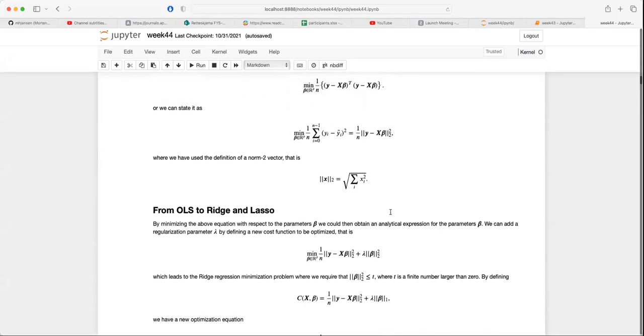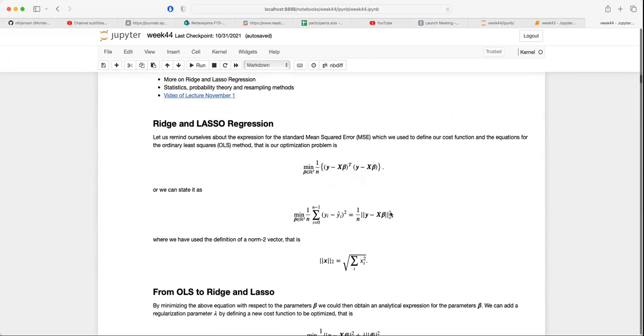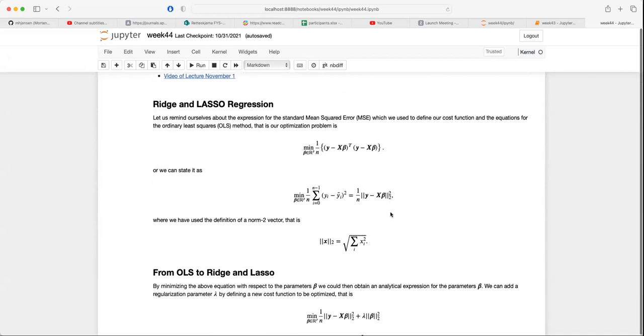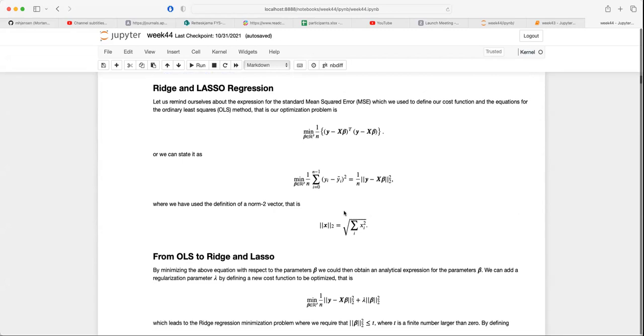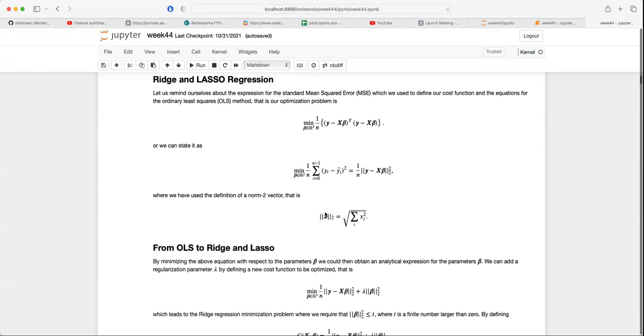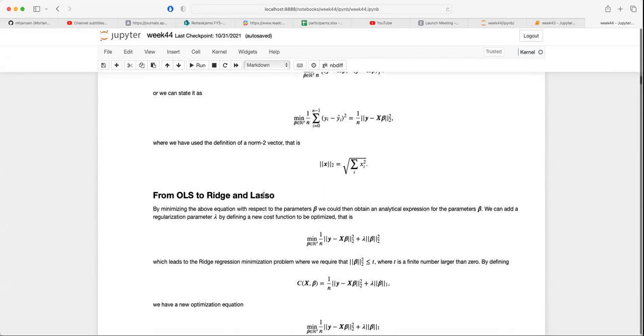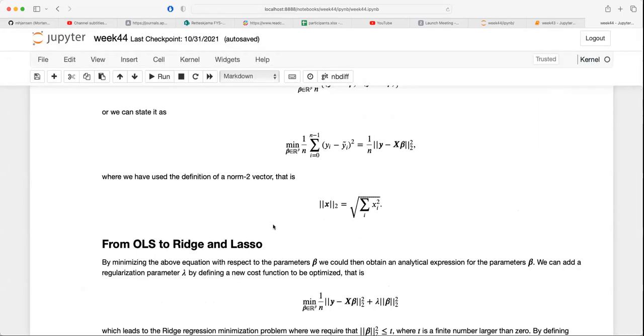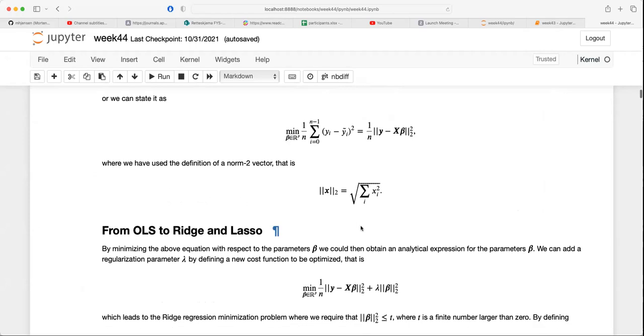So what we did last week was to present the ridge and lasso regression methods. And we went through the way we would derive them, the way we introduced this hyperparameter. So when we moved away from ordinary least squares to ridge regression, what we introduced was the norm 2 of the unknown parameters beta, and we added a parameter lambda.